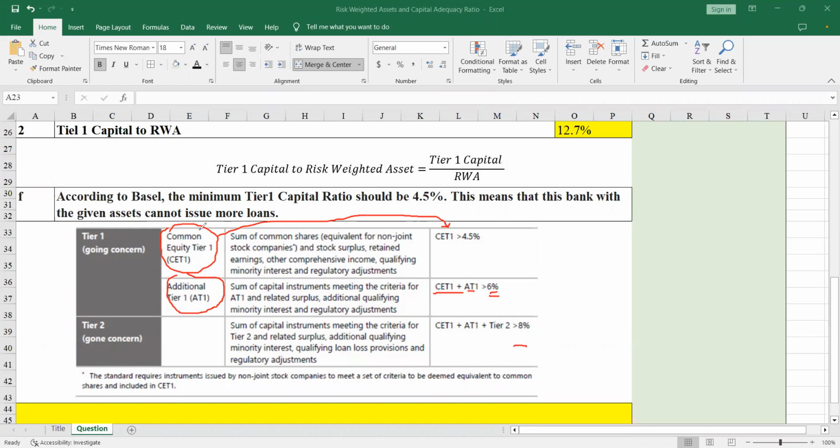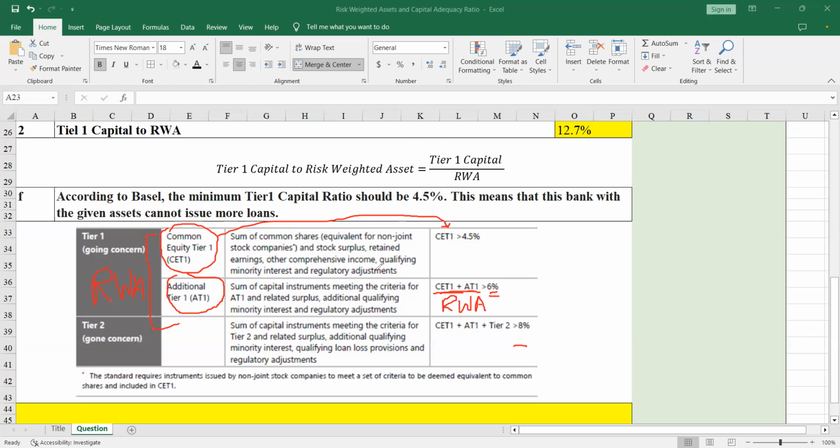When you're calculating these risk ratios, it is important that the denominator is the risk weighted assets. To calculate the capital ratios for the bank, the denominator should be risk weighted assets. So what we are interested in is this ratio, the common equity tier one plus the additional tier one divided by the risk weighted assets, should be more than 6%.